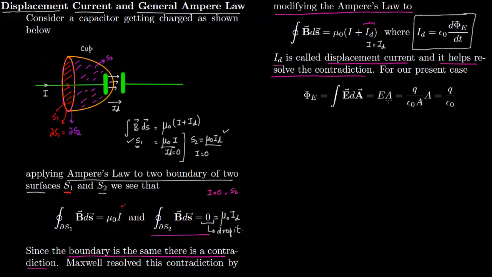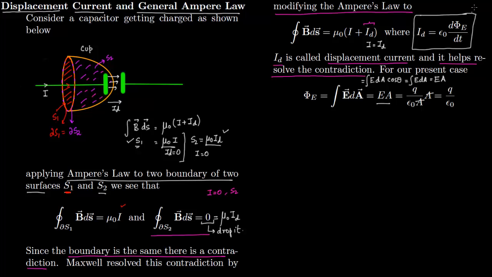You can write this as integral of E dA cos theta. Theta is 0, so this becomes integral of E dA, and this becomes E times A. Instead of E, you write Q over epsilon naught A. So A and A cancel out, you get Q over epsilon naught.